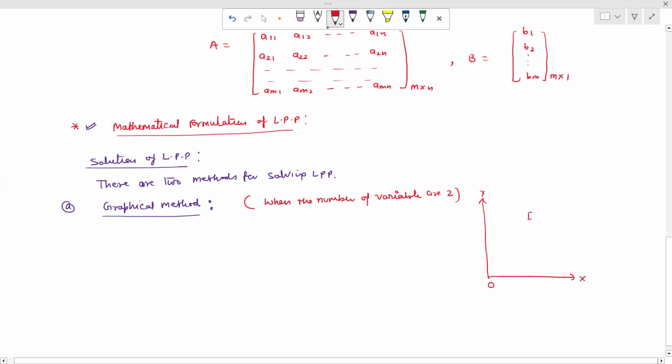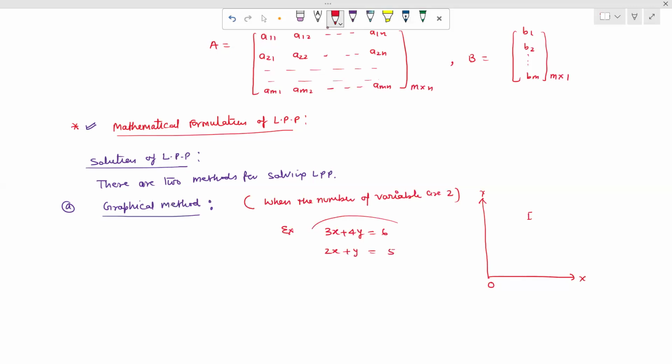So we are going to solve the problem related to this positive quadrant. So when we have only two variables, then only we apply the graphical method. Suppose, for example, if the question is given like 3x + 4y = 6, 2x + y = 5, then we use the graphical method.